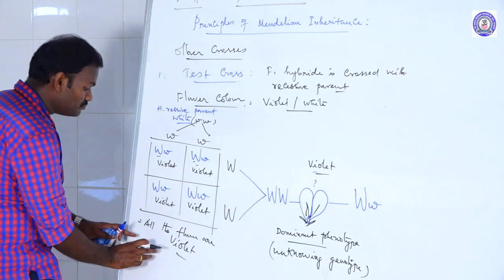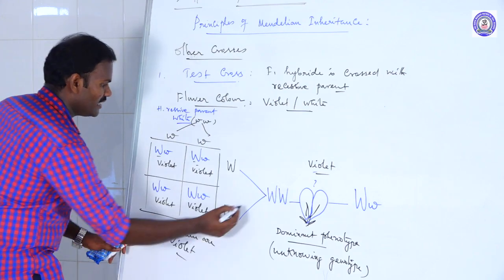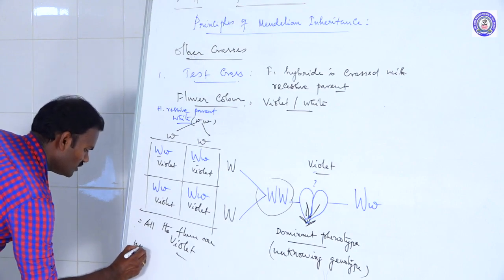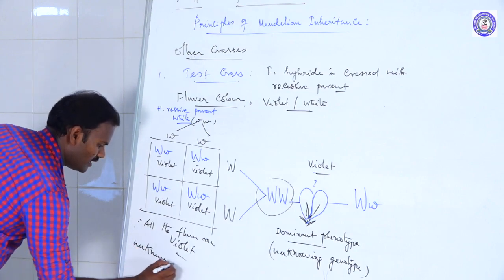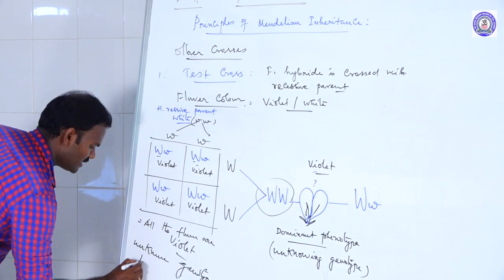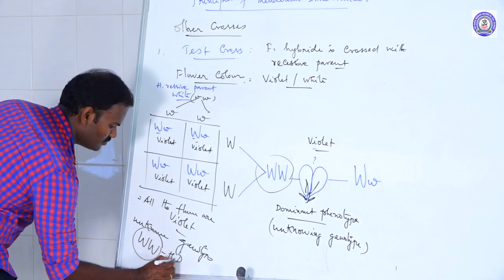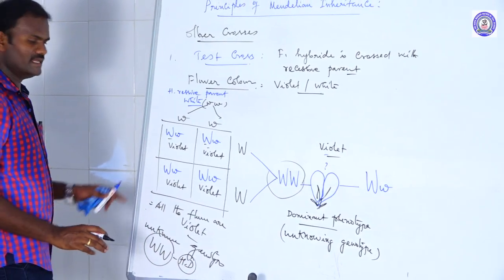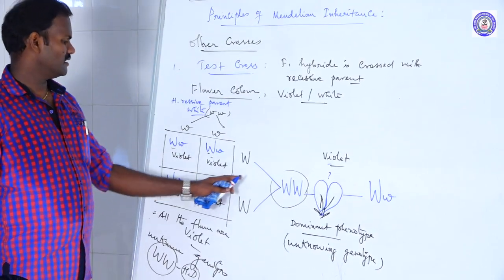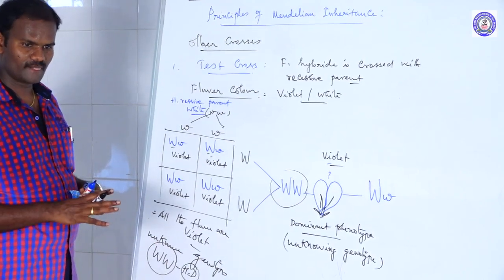So we can easily predict the genotype of this unknown flower. It is a homozygous dominant. The unknown genotype, capital W capital W, is nothing but a homozygous dominant. As a result of this cross, we can predict that the unknown genotype is a homozygous dominant.